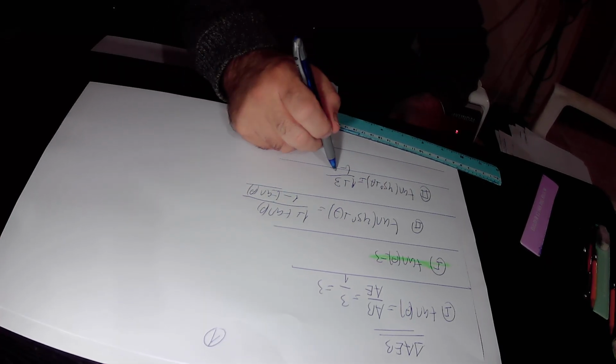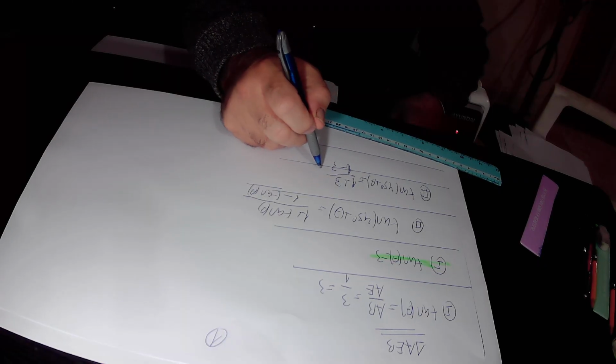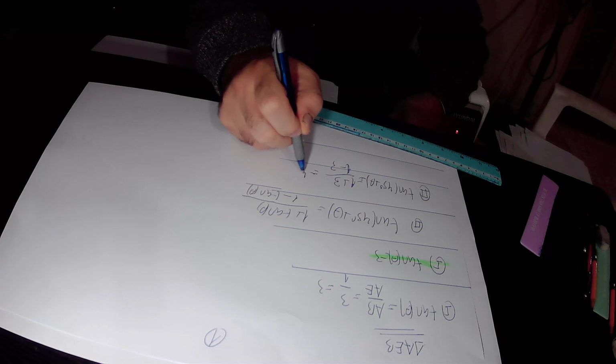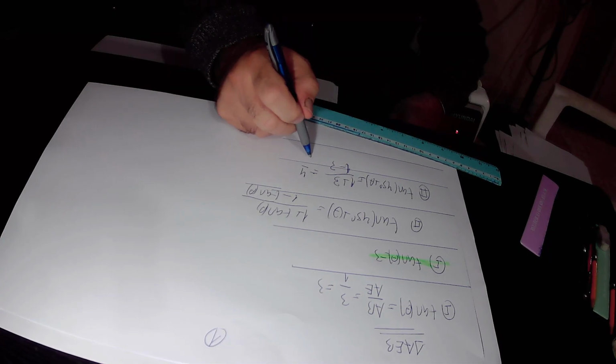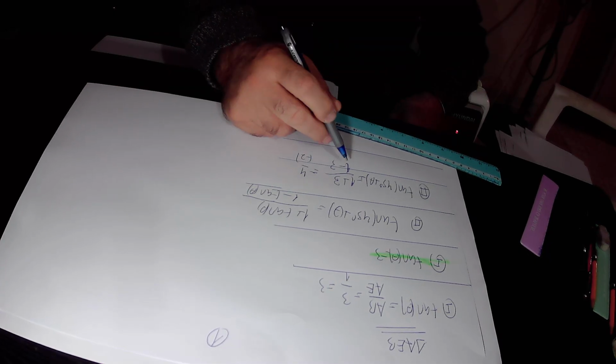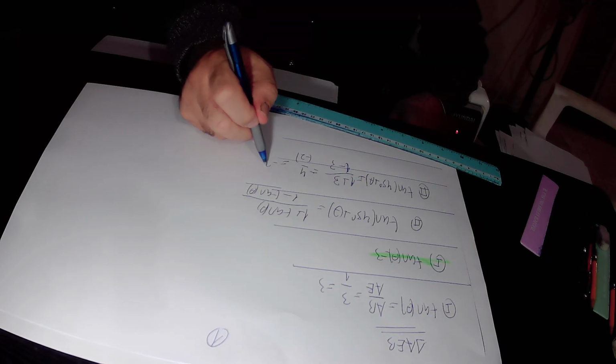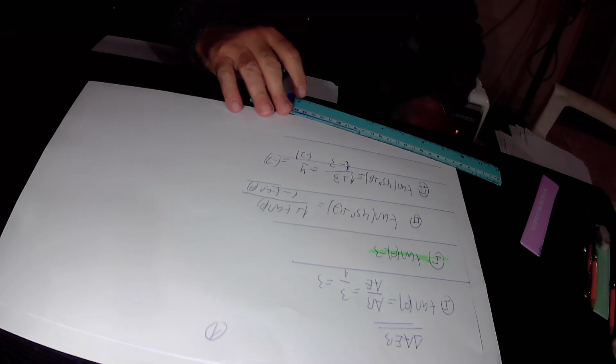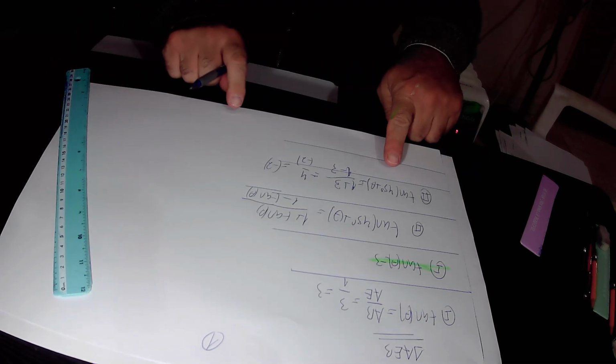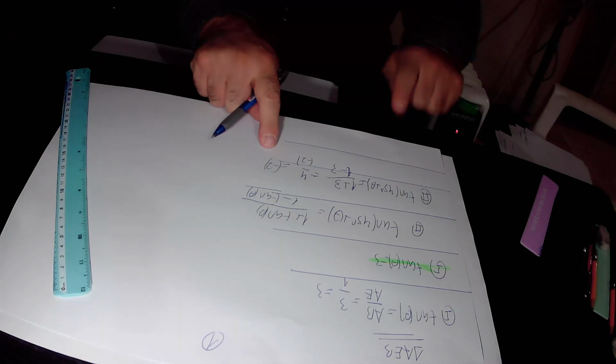Tangent theta is 3. So in total, tangent of 45 degrees plus theta equals (1 plus 3, that is 4) over (1 minus 3, that is minus 2). So 4 over minus 2 is minus 2, and tangent of 45 degrees plus theta equals minus 2.